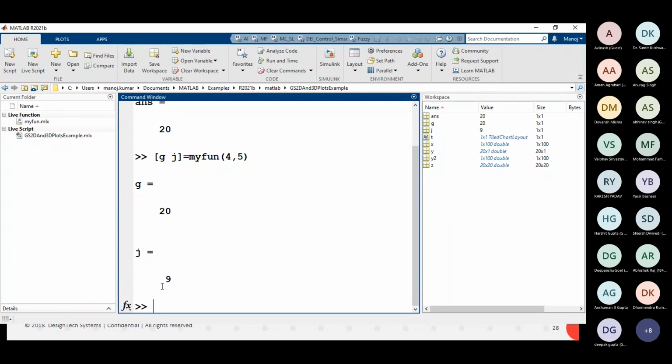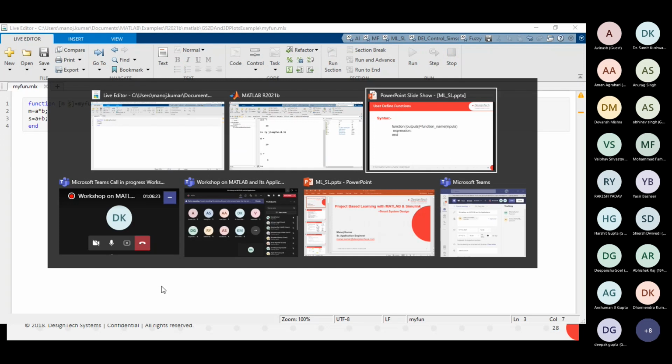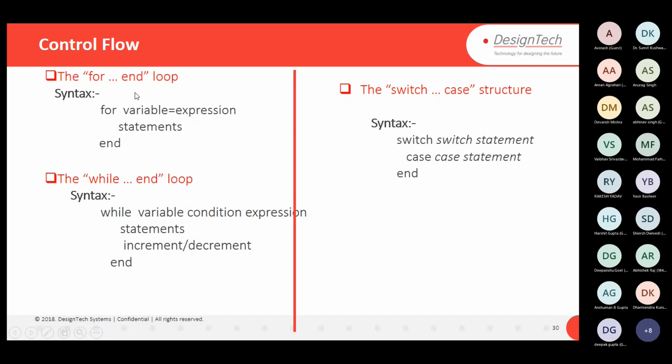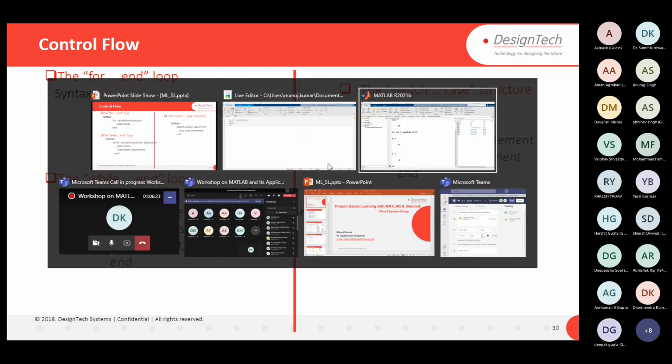If you are going to automate your program, we have the simple syntax: if, if else, and we can use the for loop here, or switch case or while loop. This is easy to use in MATLAB.